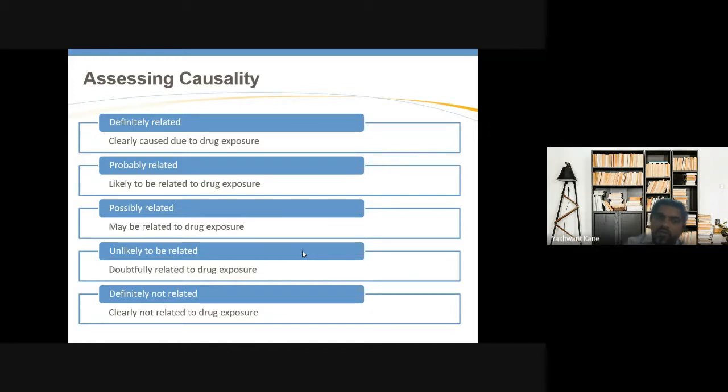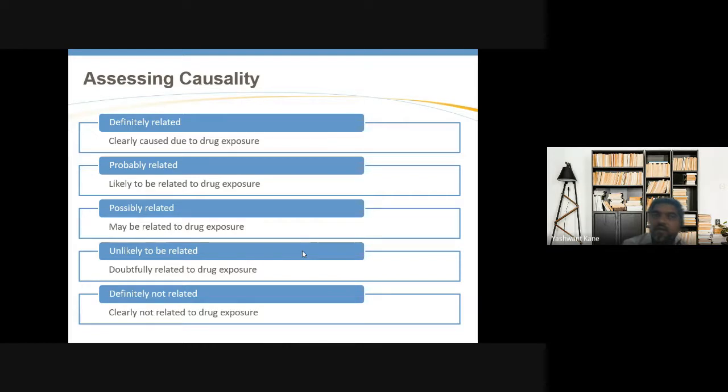Definitely related, probably related, possibly related, unlikely to be related, definitely not related. So it's very expressive in its wording itself. Definitely related: it is due to the product. There is no question that another factor is involved. Probably related: likely to be related to the drug exposure, but there could be other factors also.